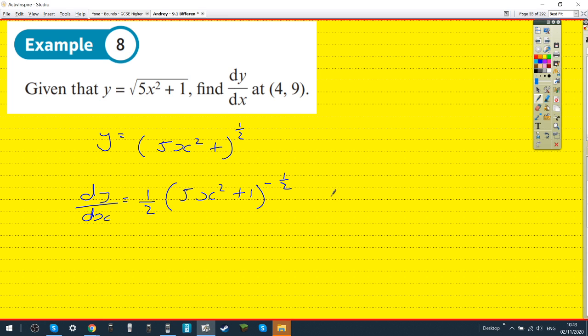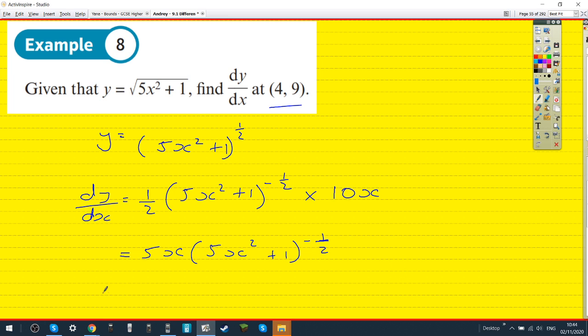And so that will end up becoming 10x. And what do you do with that 10x? Times it by the differentiation for it. Do I need to do 10x times a half? You could simplify it by doing that, yeah. And so would it become 5x and then (5x squared plus 1) to the power of minus a half? Yeah, it's a bit simpler.